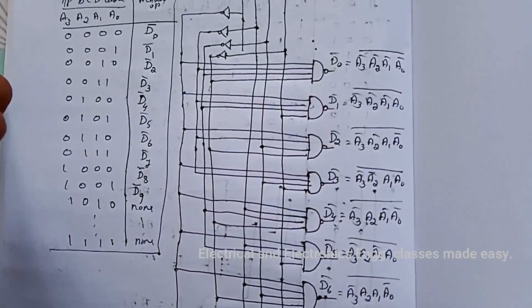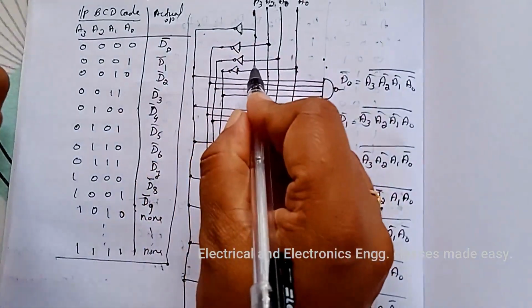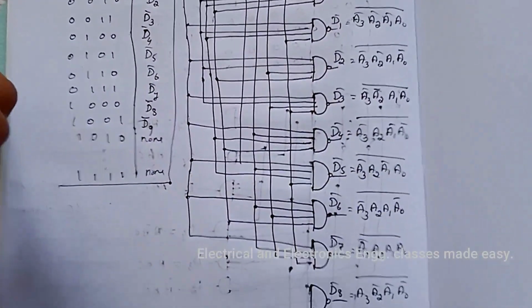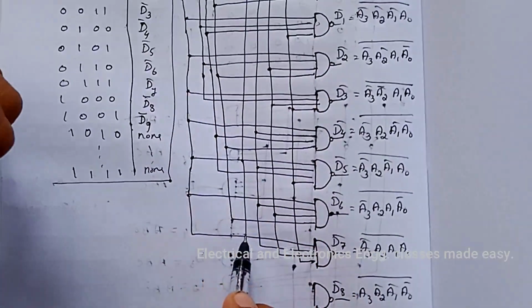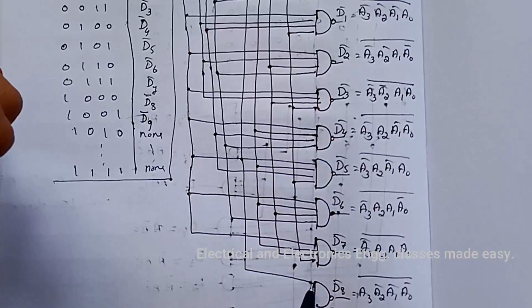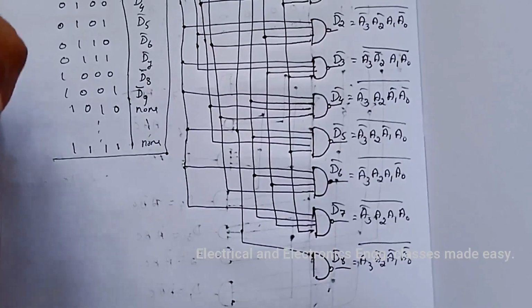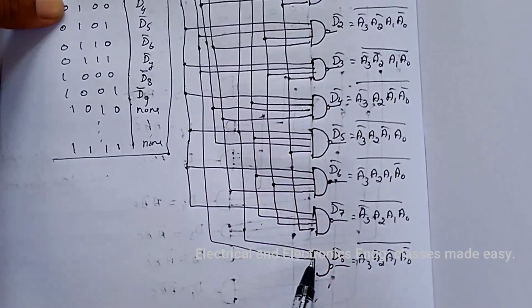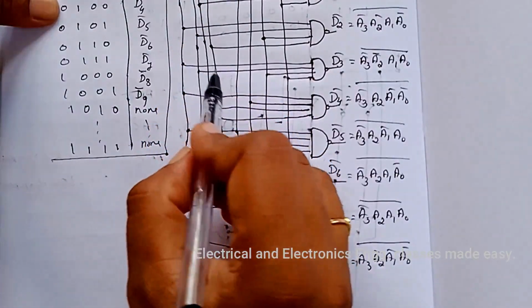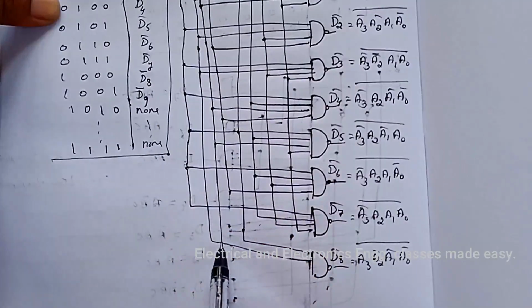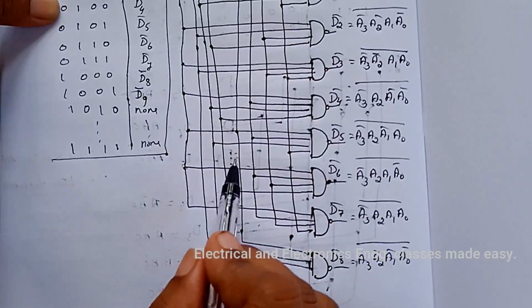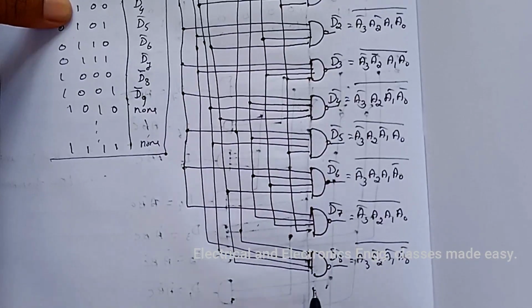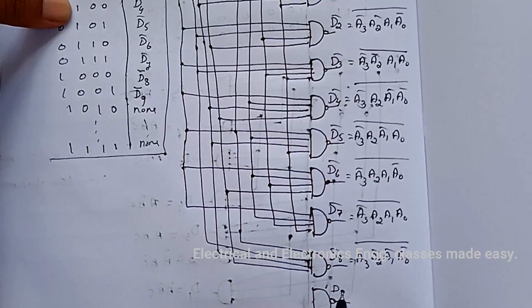So A3, from here we have to take A3, then A2 bar, A1 bar, then A0 bar, and last one is D9 bar.